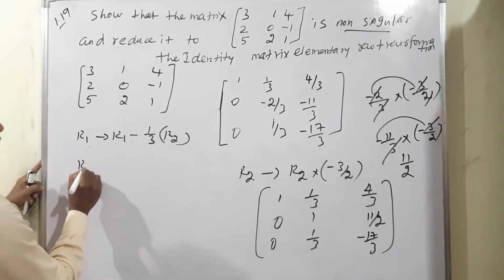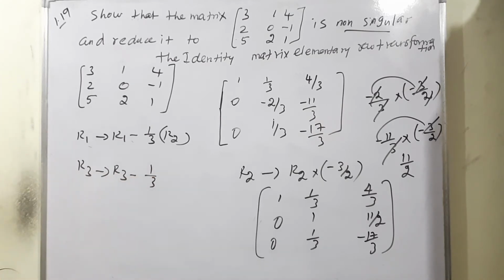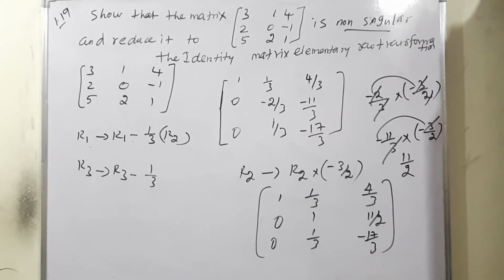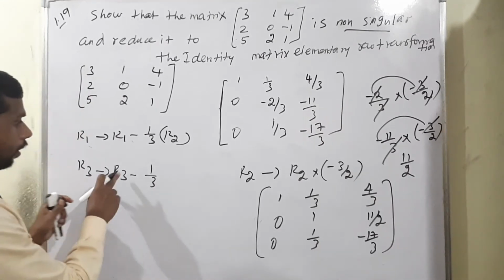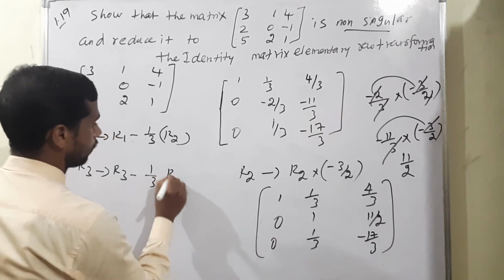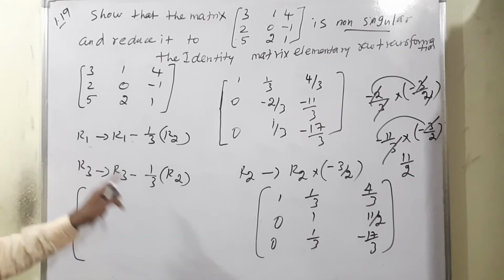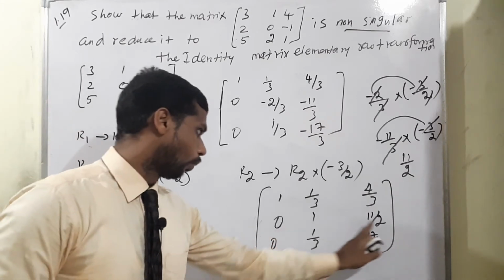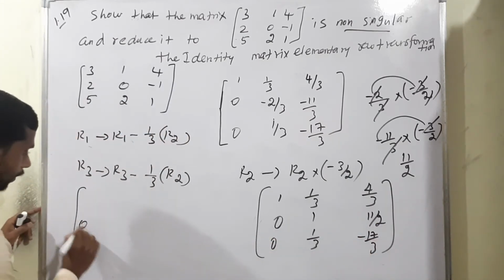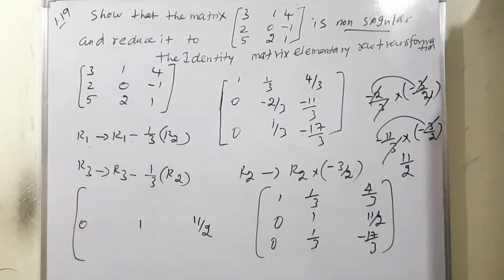The next condition also, R3 gives R3 minus 1 by 3 into R2. So now listen my dear students, R2 as it is. What is R2 value? 0, 1, 11 by 2. Now next one, R1 minus.